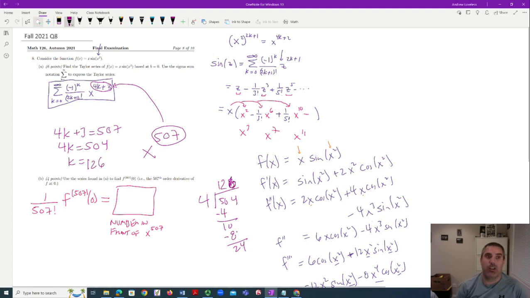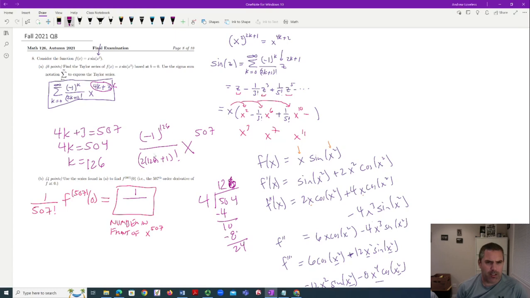So now I'm going to plug 126 everywhere with the goal of figuring out what the number was in front of x to the 507. It turns out it was -1 to the 126 divided by 2 times 126 plus 1 factorial. If I simplify that, -1 to 126 is just 1.